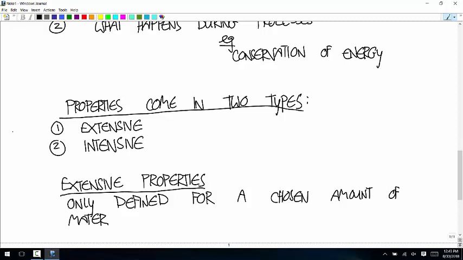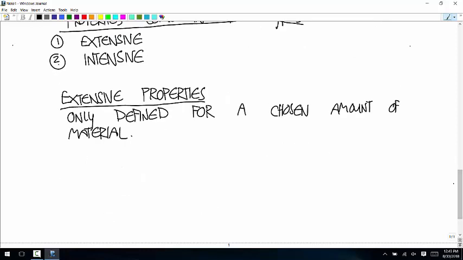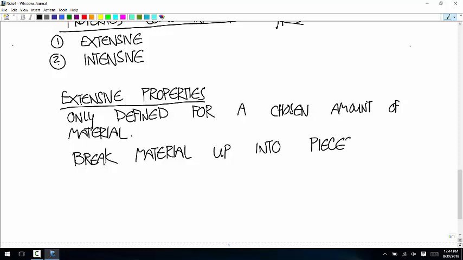And the real test of whether something is an extensive property is if you break the material up into pieces, however many pieces. I'm not talking about physically pulling it apart, just separating it up into what you're calling piece 1 and piece 2.